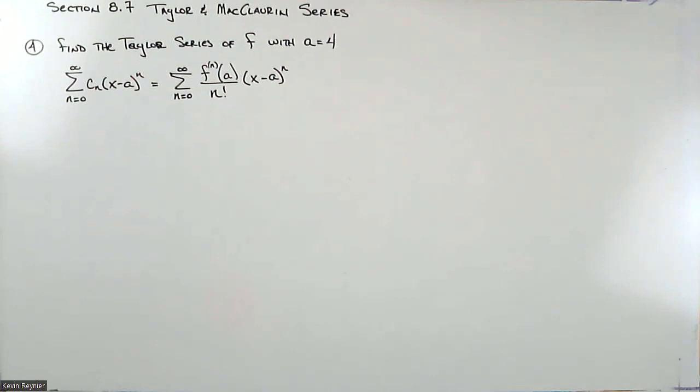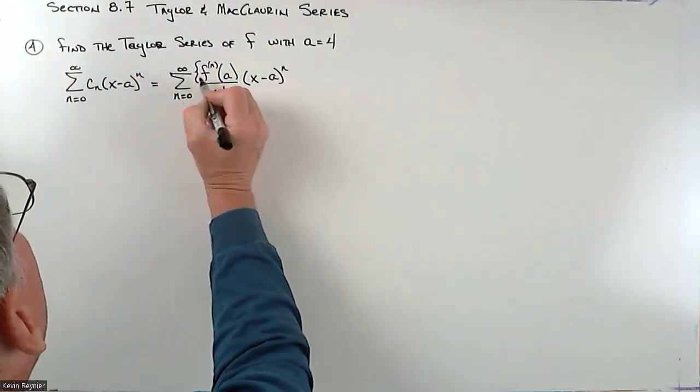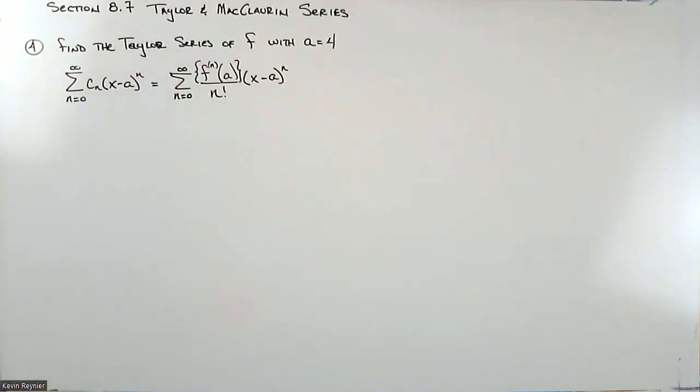So in problem 4, they give us this, all right? This is given to us.